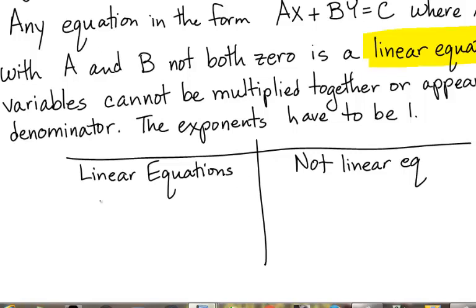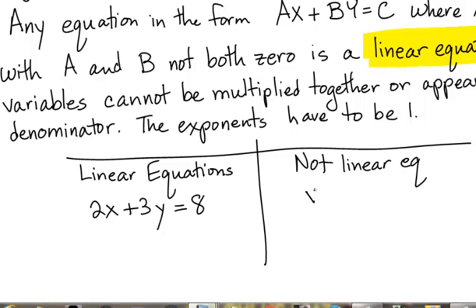So if it's in this form, 2x plus 3y equals 8, the 2, the 3, and the 8 all come from the set of real numbers. A and B are not both 0, the variables are not multiplied together, and there's nothing in the denominator. So that fits a linear equation.